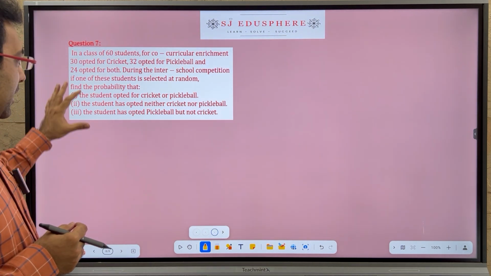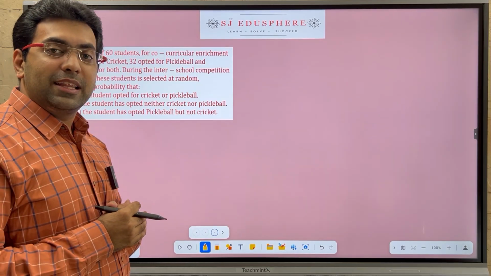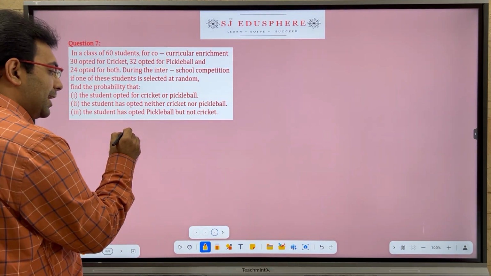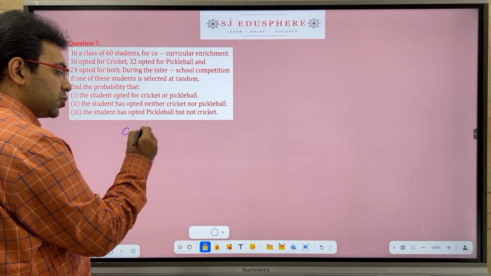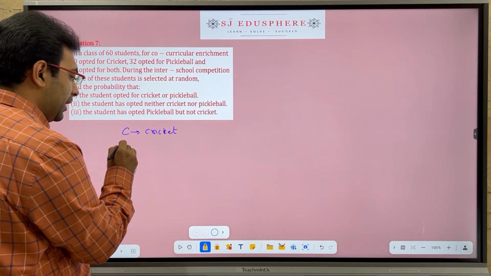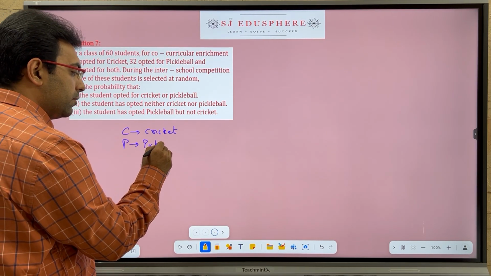Find the probability. We'll read that part later. First, let us define the event. There are two games involved over here. So can I say C is an event that a student is participating in cricket? P is an event that the student is participating in pickleball.